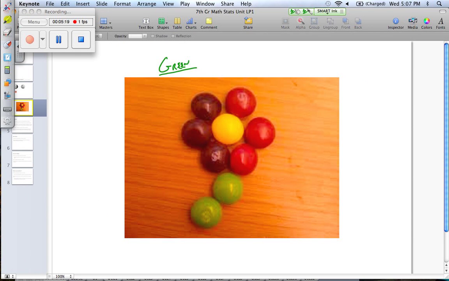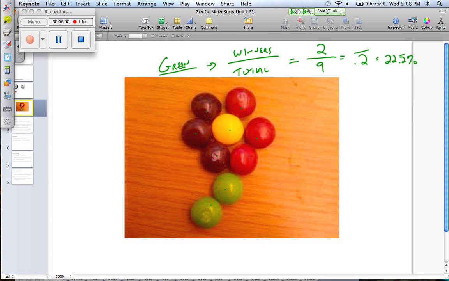Okay. Now, I said the probability was winners over total. So I need to figure out what my winners are. Winners are green. And how many green are there? 2. How many Skittles do we have total? 1, 2, 3, 4, 5, 6, 7, 8, 9. 2 over 9, which as a decimal would be 0.2 repeating, or 22.2%.